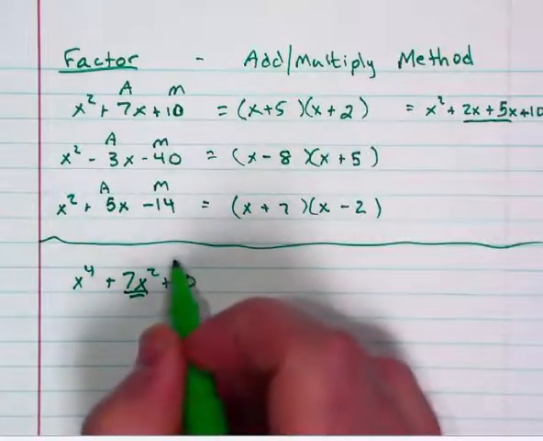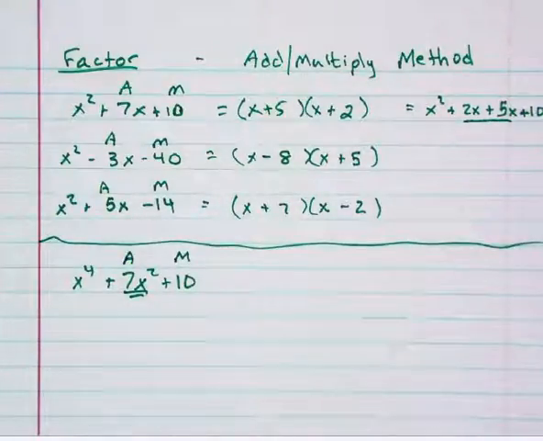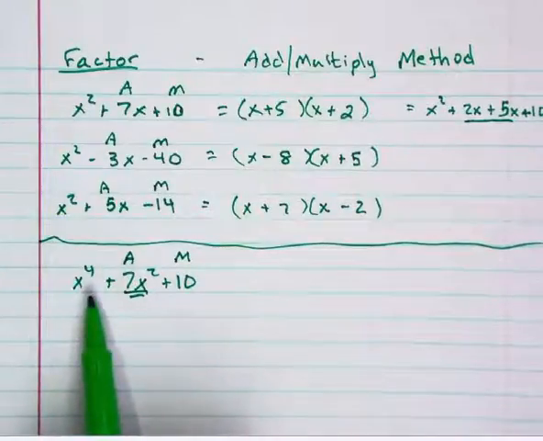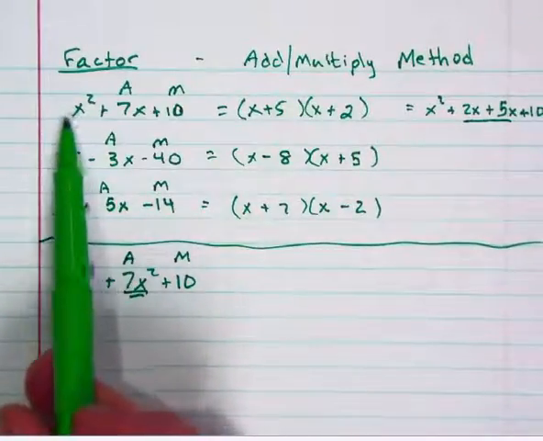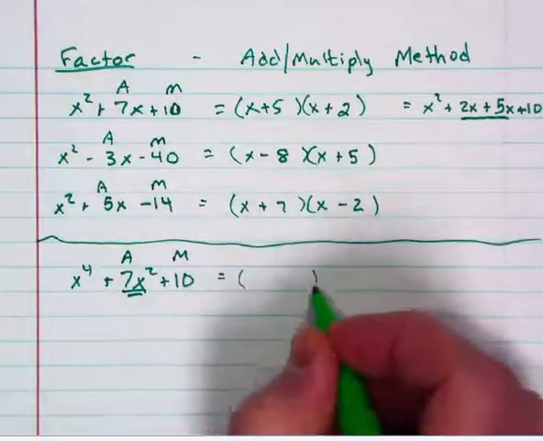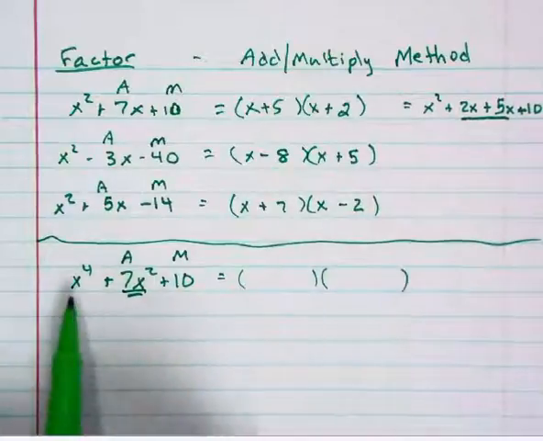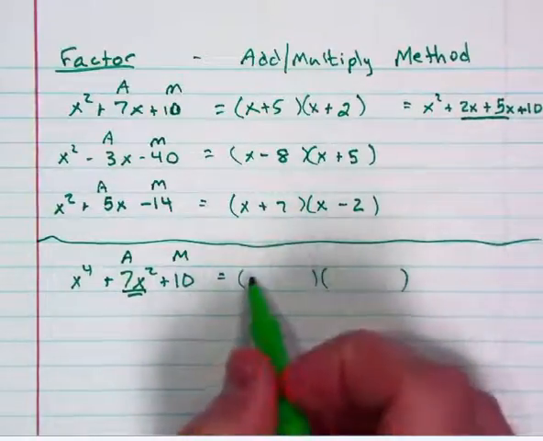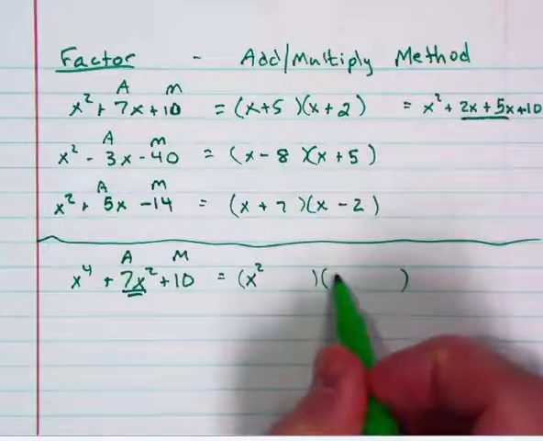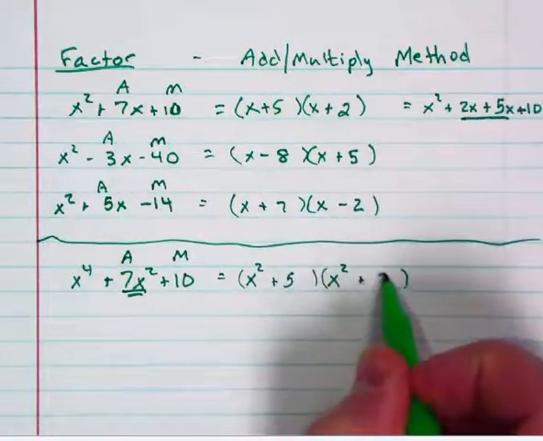What are the numbers that multiply to 10 and add to 7? Well, again, think of 5 and 2. Think of how this trinomial right here is similar to that trinomial. Okay, so I still think that the numbers I want are going to be positive 5 and positive 2, but now how do I get x to the 4th? That will be x squared times x squared. And then this is plus 5 and this is plus 2.